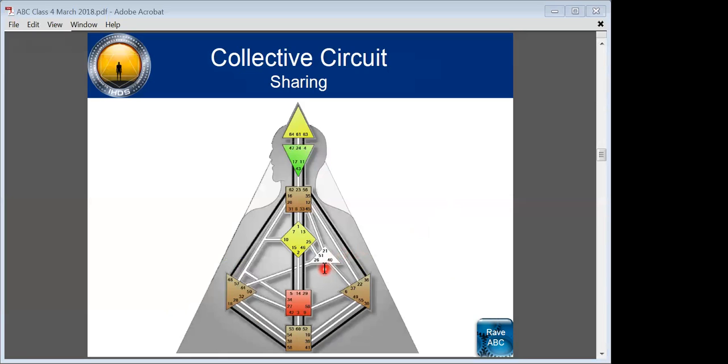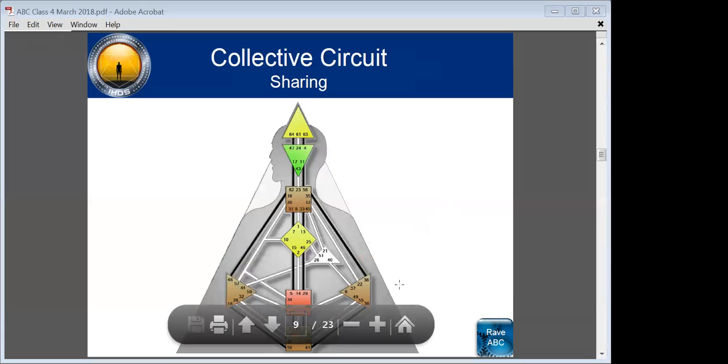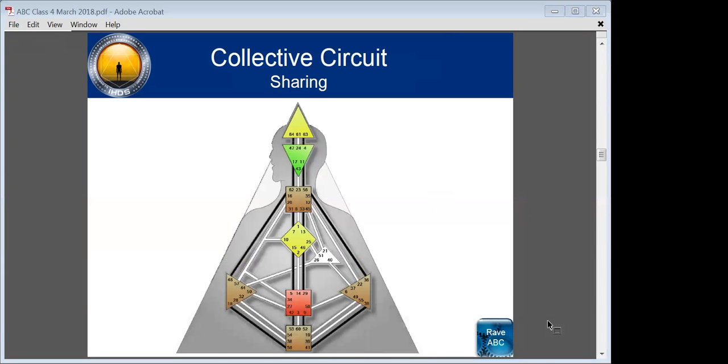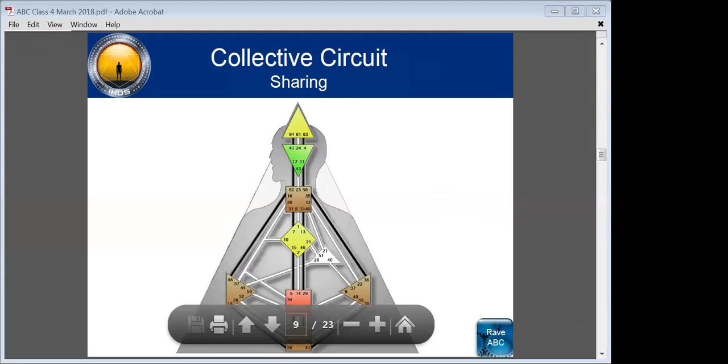So let's go down to looking at it from a type perspective. What is the type? How does this circuitry operate correctly as an expression in the world as it interacts with others? What's its aura configuration, and therefore strategy as well as authority?